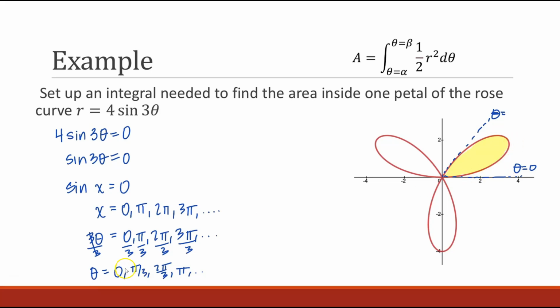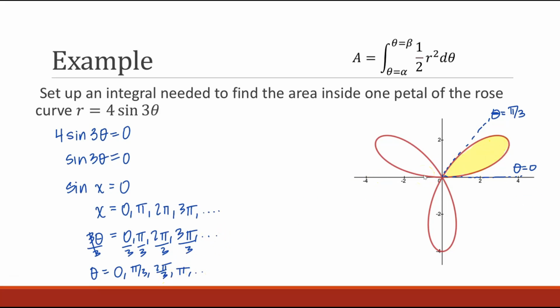So what we did was we found the polar zeros. What angles do I plug into this polar curve that send me back to the origin? Well, 0 is one of them, and it looked like 0 was one of them, but now we can see this other angle here is theta equals pi over 3. And we found some more values, right? 2 pi over 3 and pi.